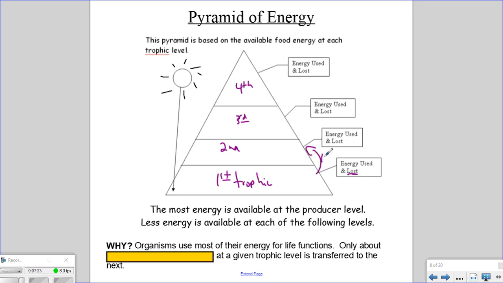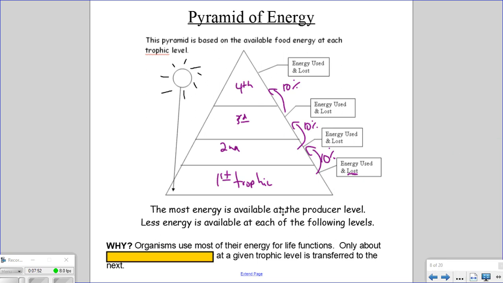Only 10% of the energy within a trophic level gets passed on, and then 10% within that gets passed on, and then 10% within that gets passed on. So by the time you reach that fifth trophic level, there is very little energy available at that fifth trophic level to sustain those organisms.